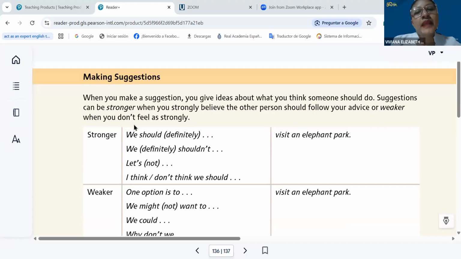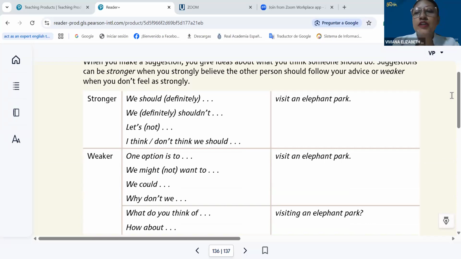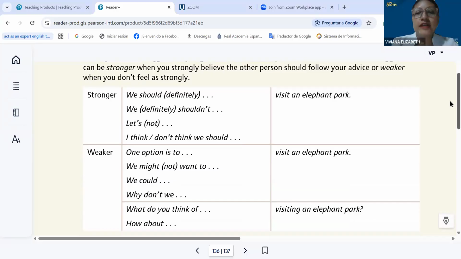As always, you can make suggestions stronger or less strong, weaker. So in this chart, you can find some different modals and also phrases that you can use for making suggestions. And they are classified: which ones are stronger and which ones weaker.